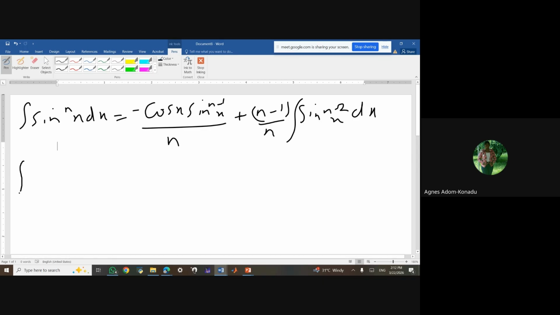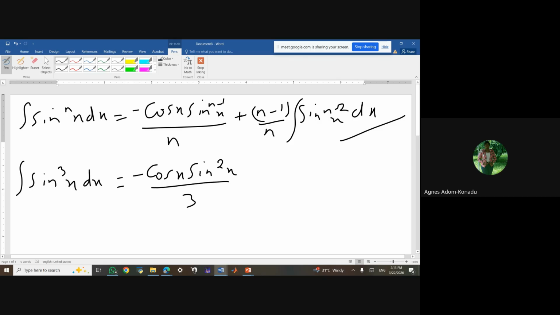And we want to integrate sine to the power 3x dx. So this will be negative cos x sine 3 minus 1 is 2x over 3 plus 3 minus 1 over 3 integral of sine 3 minus 2 is 1x dx.